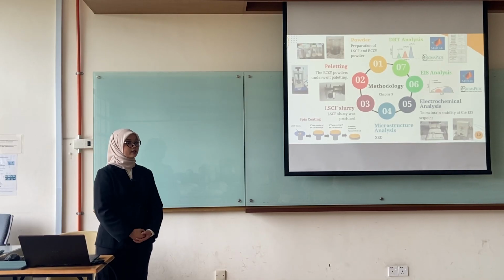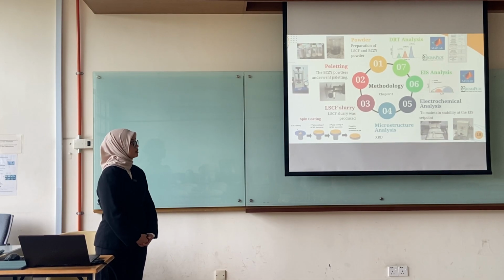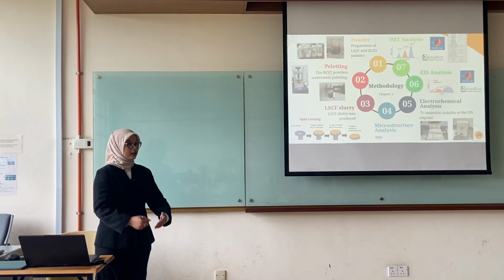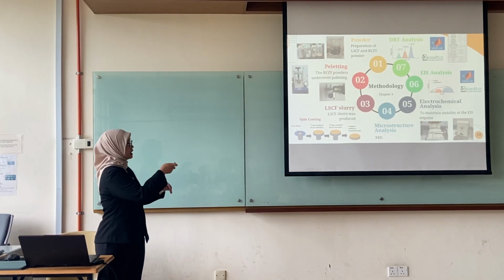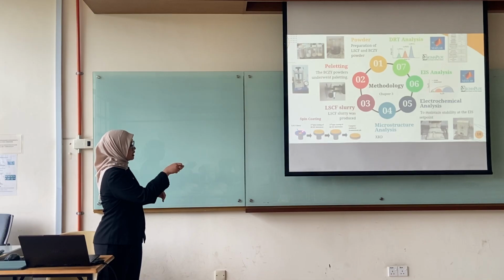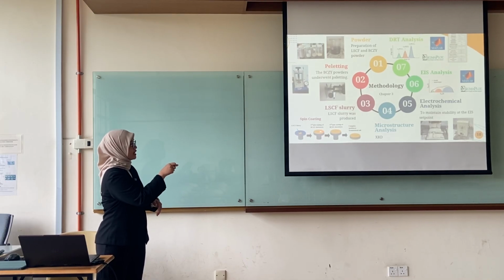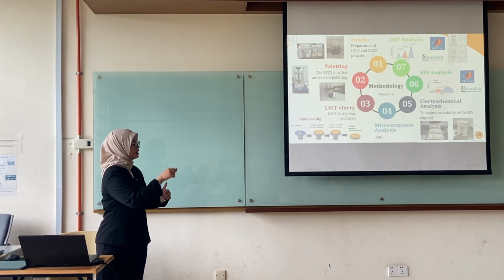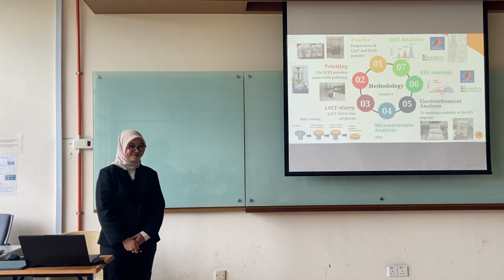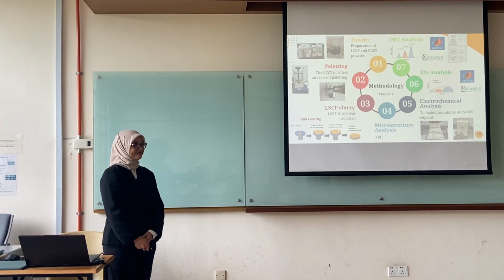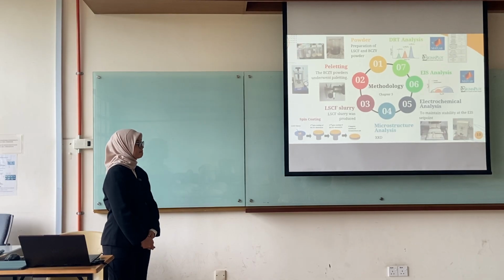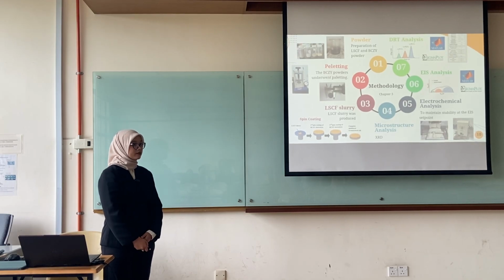This is ZY. ZY or LCM? Earlier you said LCM is last. LSF at the bottom, then we put LCF. Okay, blue is LSF. Yellow is BCZY, and then we layer another LSF. In the thesis, do you mention how many RPM for the spin coating? Did you mention that? Okay.